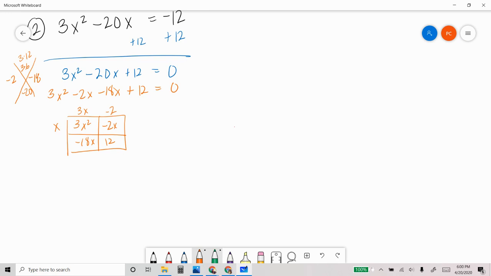X times a negative 2 would give us negative 2x. Negative 6 times 3x would give us negative 18x. And of course, negative 6 times negative 2 is positive 12. So in factored form, this quadratic can be written as 3x minus 2 times x minus 6.